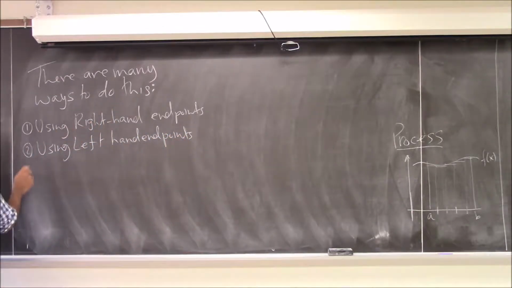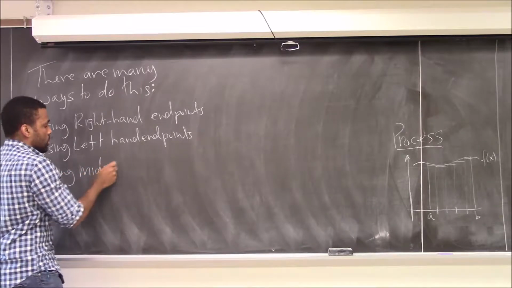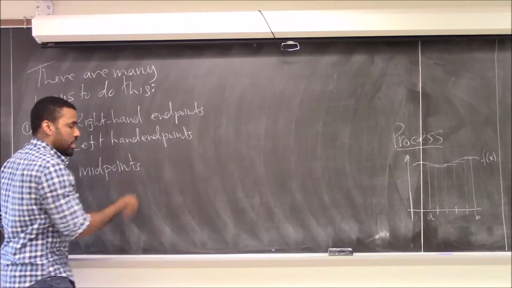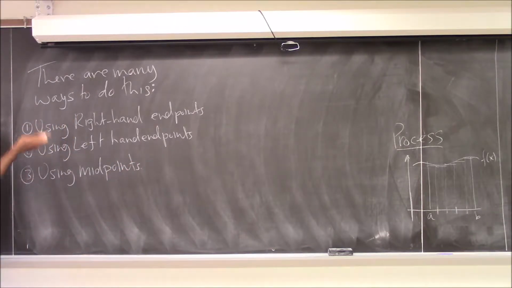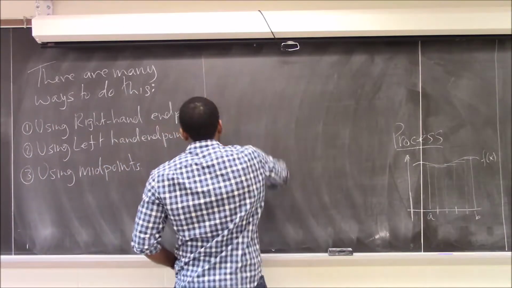And 3, using what we call midpoints. So in a question like this, I would specify a function and tell you which method I want you to use, either the right, the left, or the midpoint, and you would break things up in the following way.